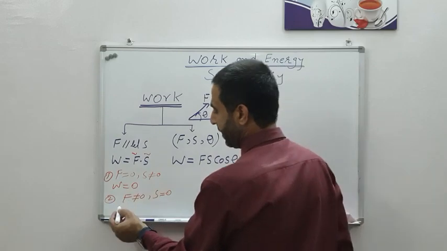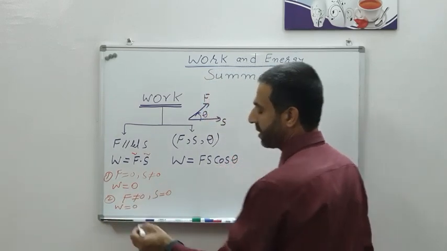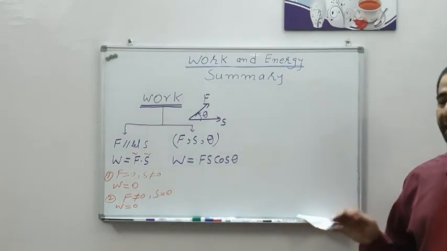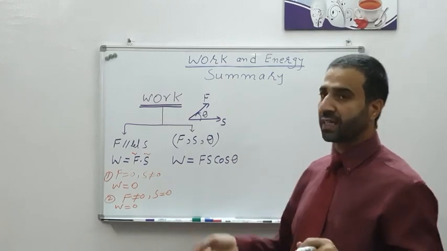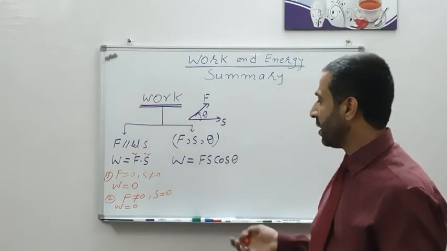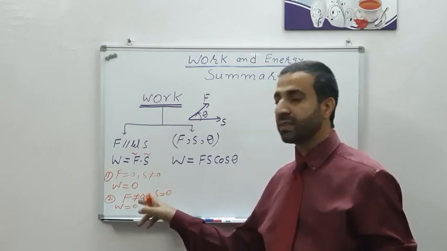Still, at that stage, the work done will again be zero. For example, a car with its engine running, but the car is not moving. When you switch on the engine of the car, it exerts some force, but the displacement is zero and there is no work done.